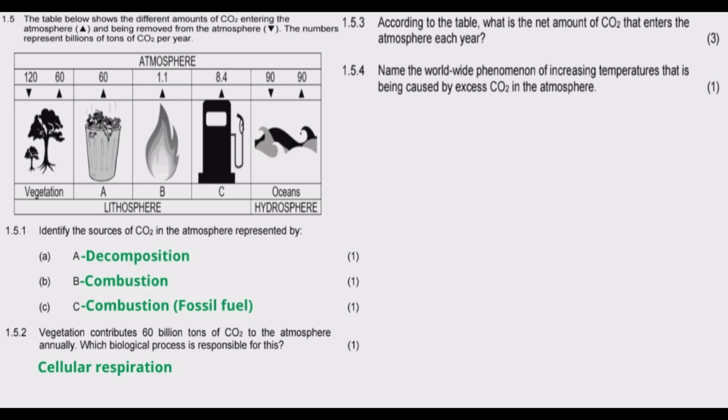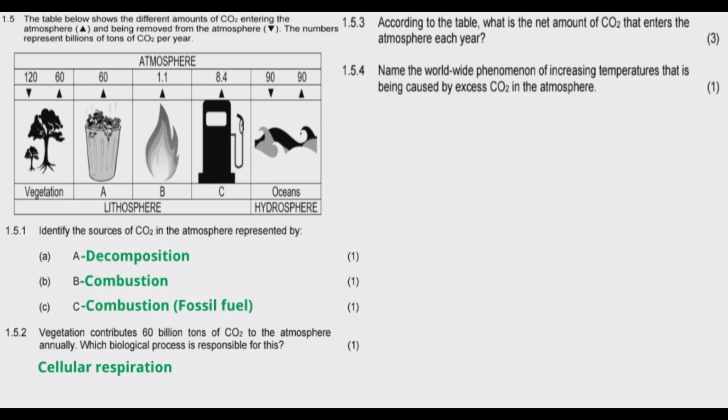We come to 1.5.3. According to the table, what is the net amount of carbon dioxide that enters the atmosphere each year? Okay, the net. When you talk about the net, it is the difference between the negative and the positive.